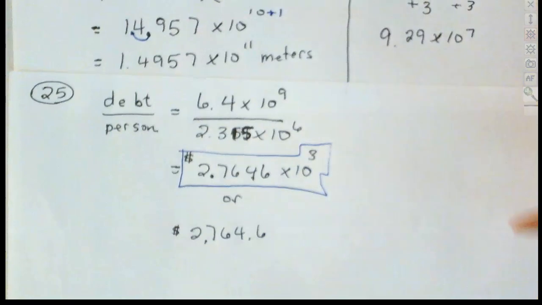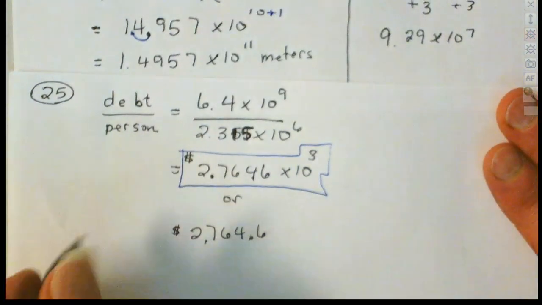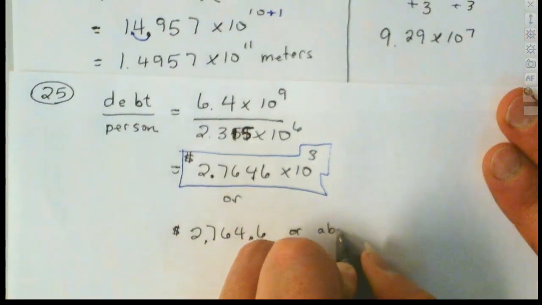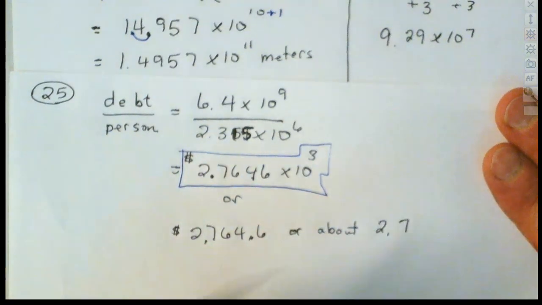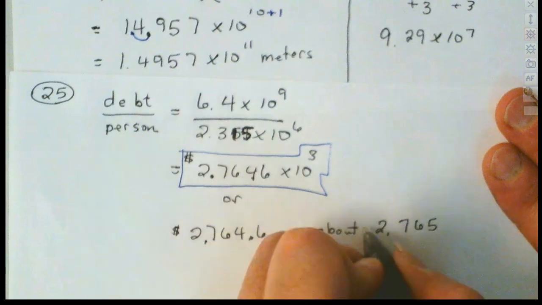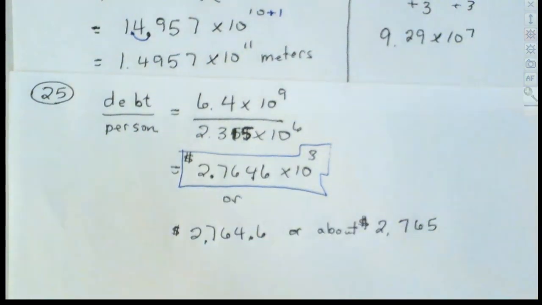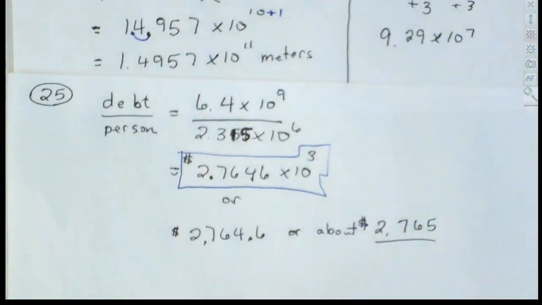So that's how much each person has to pay, or about $2,700, and if we round, $65. So each person would have to be responsible for $2,765, and that would pay off that country's national debt.